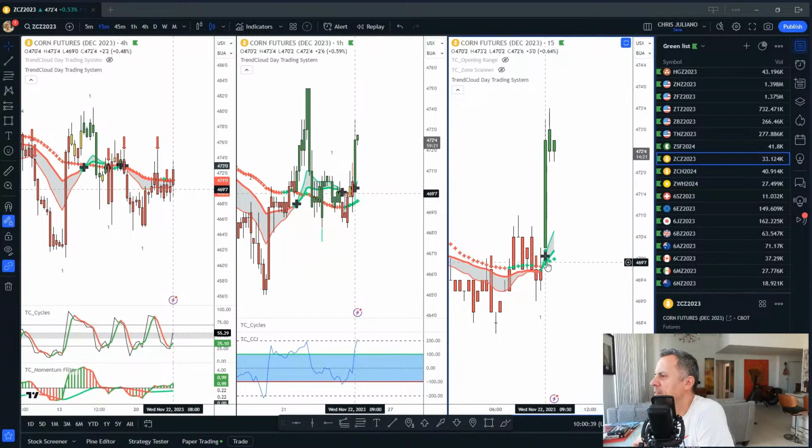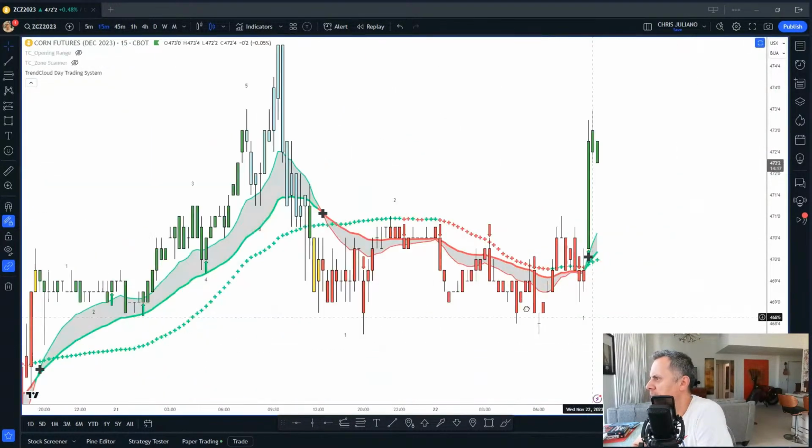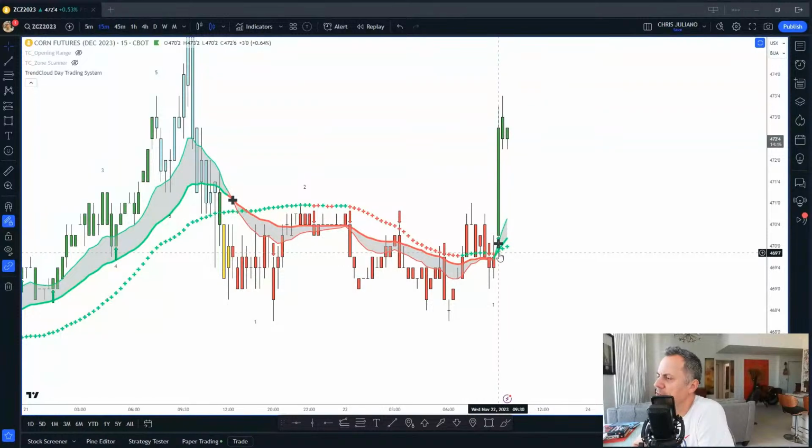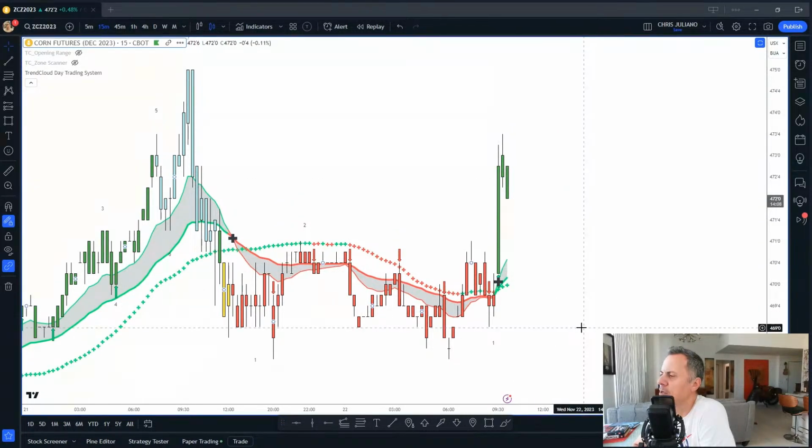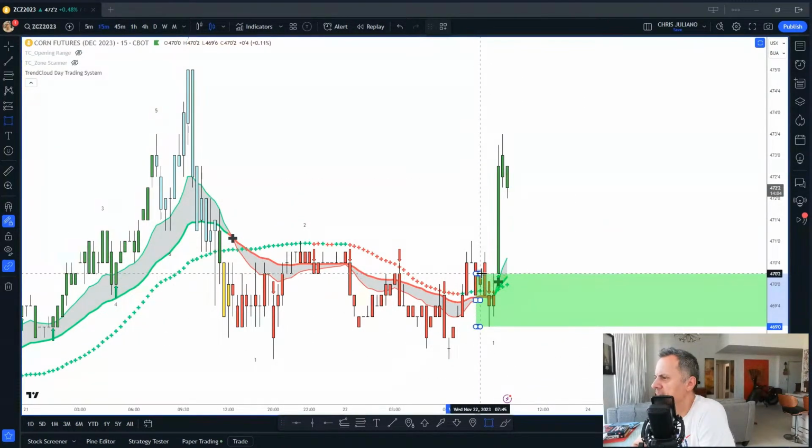Unfortunately, we got this. Can you see that signal right there? We did get a TrendCloud signal. It's covered up by the plus sign, but look how long that candle is, right?